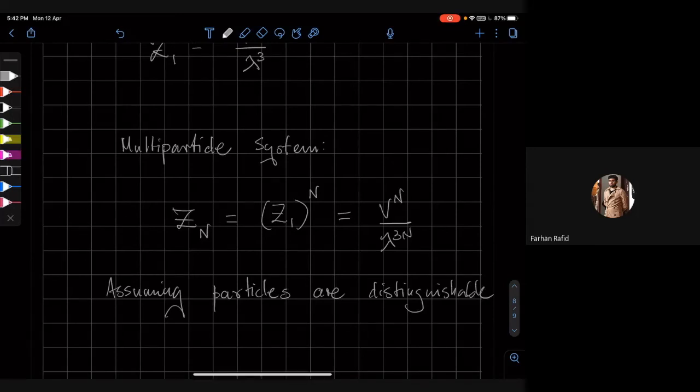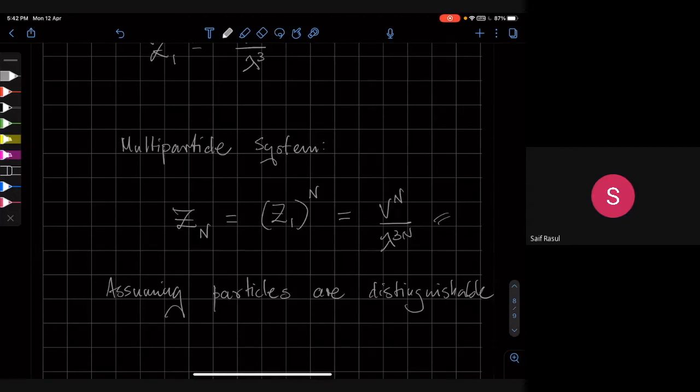If they're indistinguishable, then we are overcounting, and we have to multiply this by 1 over n factorial, and that's something we will do in a short time. But for now, let's just look at this partition function.